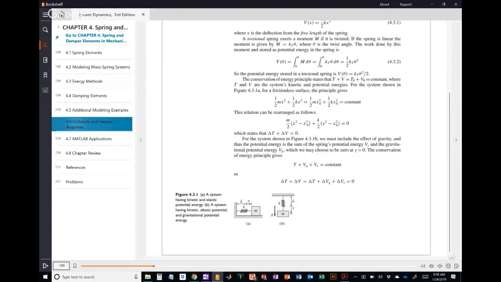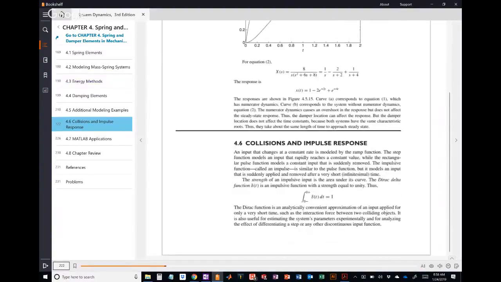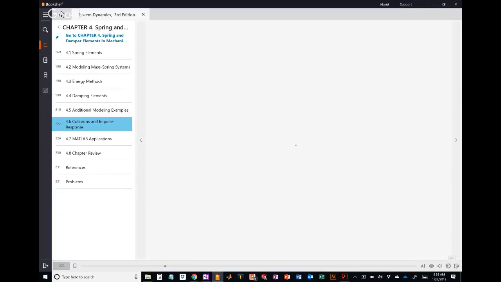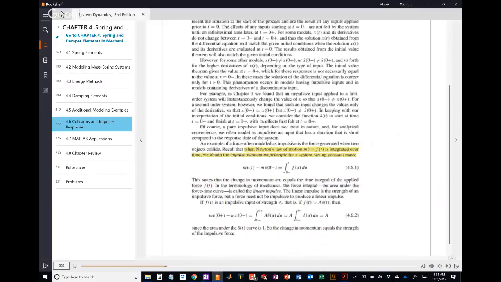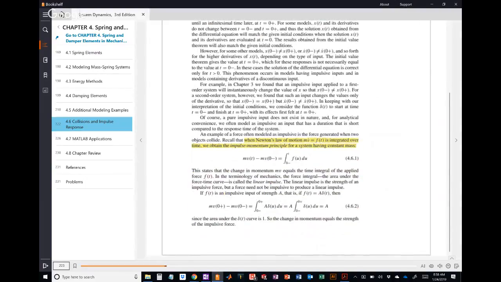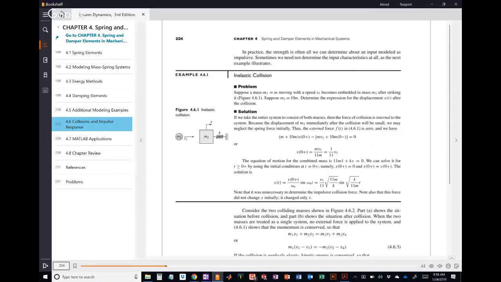We did a little bit here with collision and impulse. This returns back to what was covered in chapter 2, and it goes into some greater detail about how we would do this. This is where it really emphasizes the 0 plus and the 0 minus, and we did some things in class where we compared them.